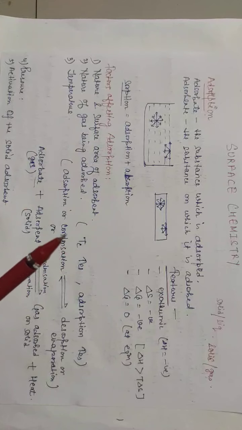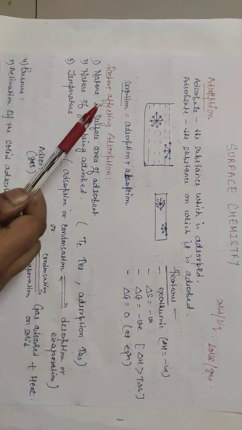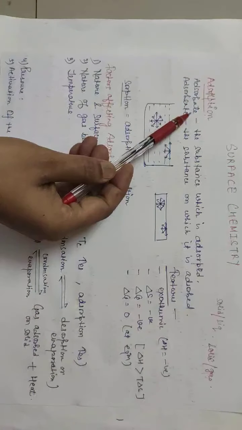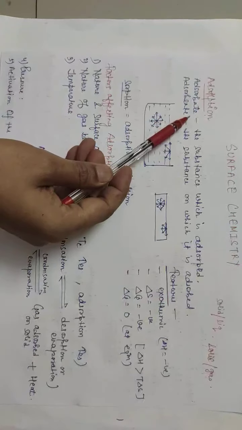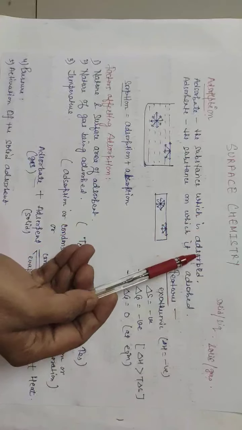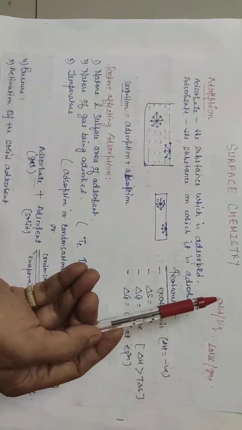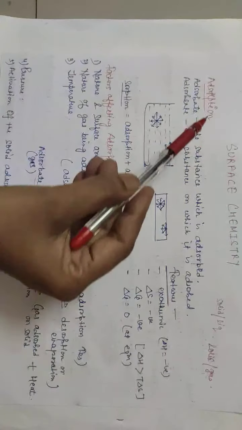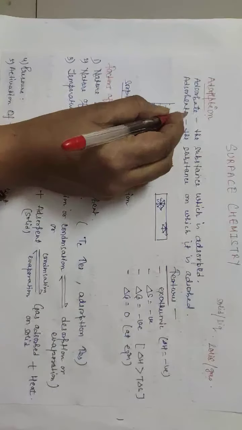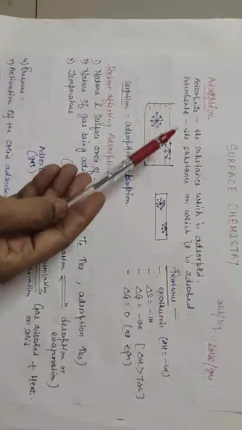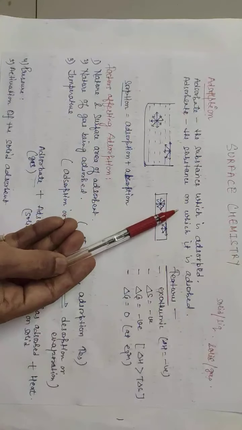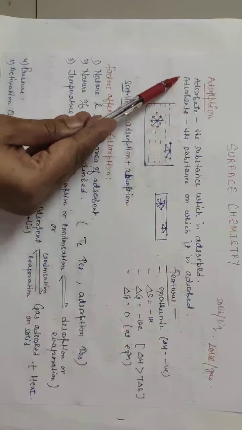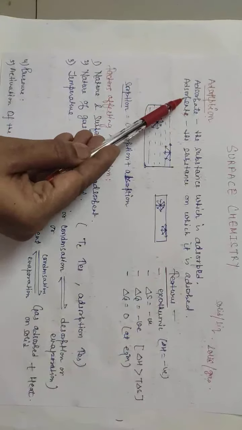Now there are various terms associated with adsorption. Let us see. First is adsorbate. Adsorbates are the substances which are adsorbed on the surface of other substances. Next is adsorbent. Adsorbents are the substances on which other substances like gases are adsorbed. They provide the surface for adsorption.